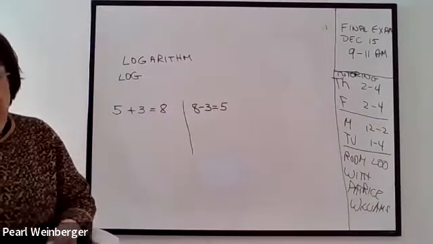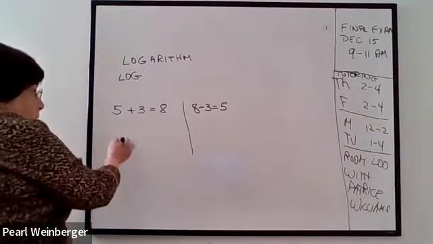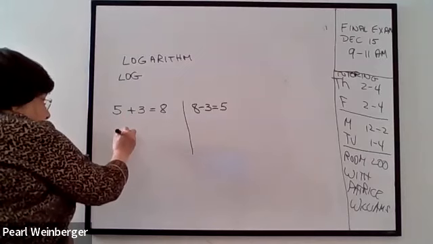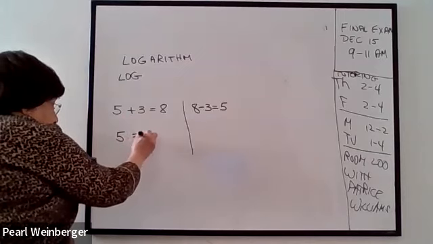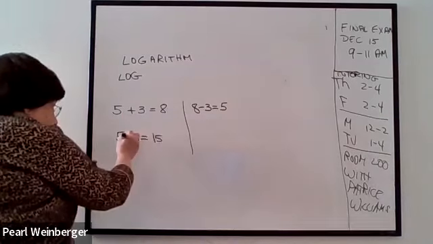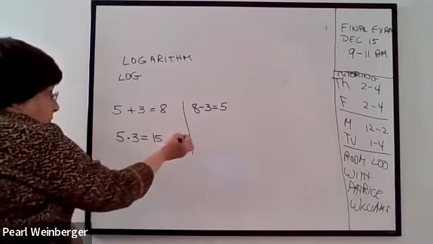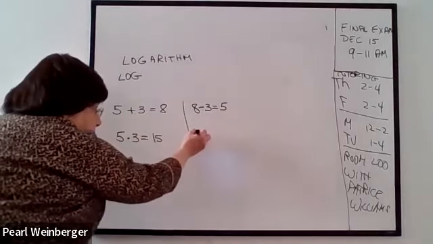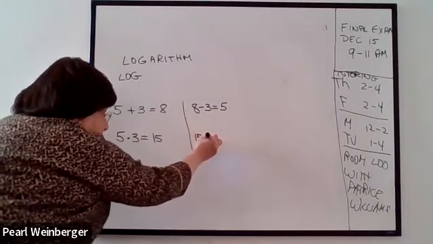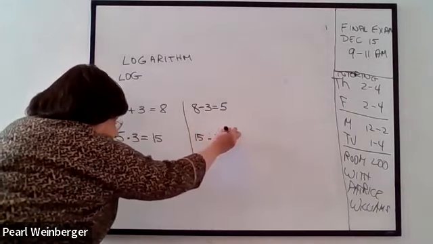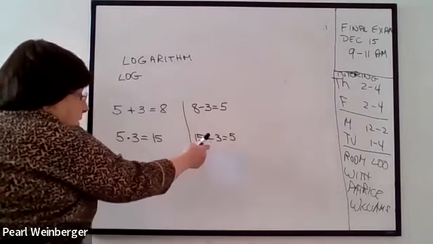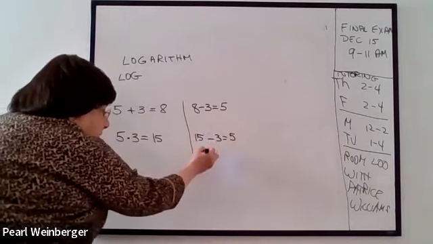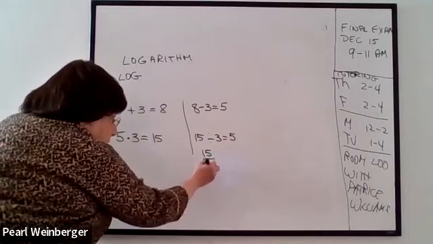Where else do we have inverse operations? Well, what about multiplication? 5 times 3 is 15. We get the same thing by doing 15 divided by 3. It'll give us 5, the same numbers. Sometimes we use a division sign, and sometimes we use a fraction sign.